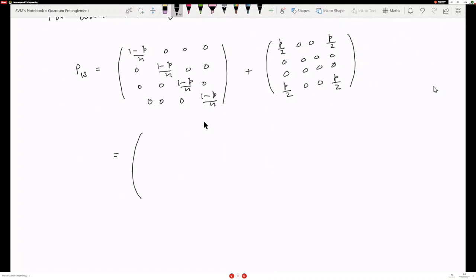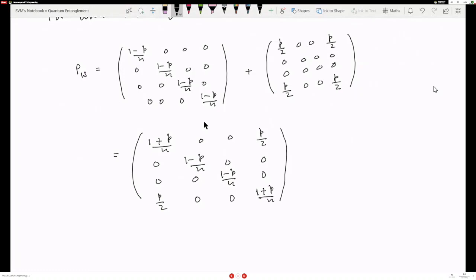So this is (1 minus p) by 4 plus p by 2, which will be (1 plus p) by 4, 0, 0, p by 2, and 0, (1 minus p) by 4, 0, 0, and 0, 0, (1 minus p) by 4, 0, p by 2, 0, 0, (1 plus p) by 4. I can see that the trace of this matrix is 1. So that is what is required.